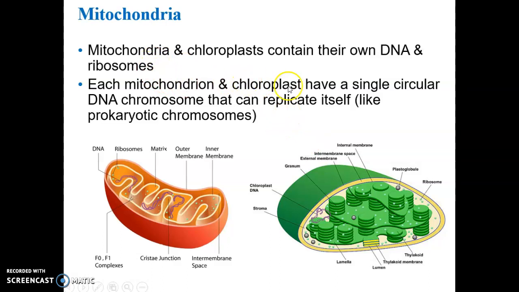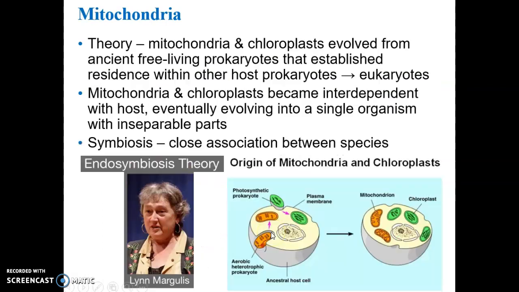But the mitochondria and the chloroplasts have a single circular DNA molecule, a chromosome, and it can replicate itself like prokaryotic chromosomes in, say, things like bacteria. So mitochondria and chloroplasts are kind of very interesting and unique organelles.